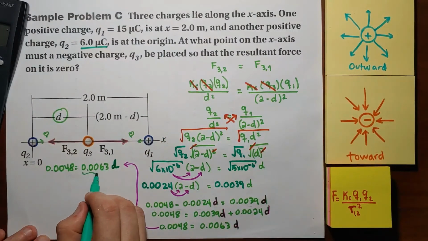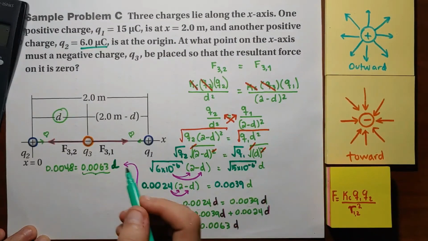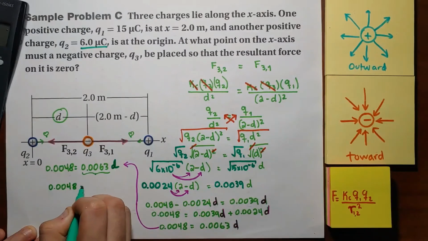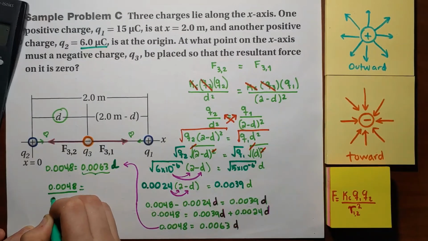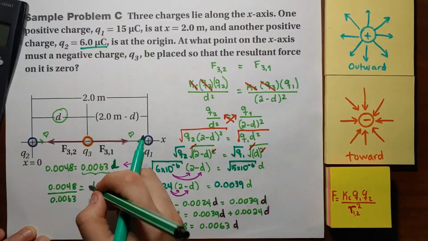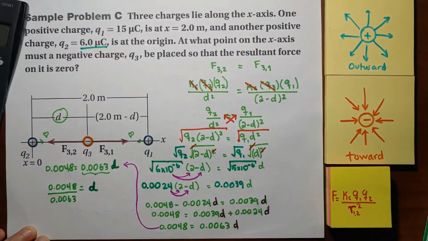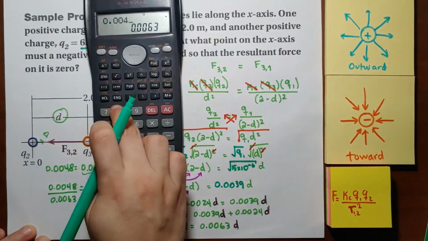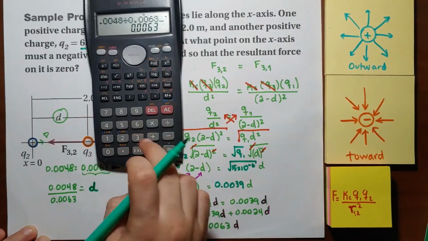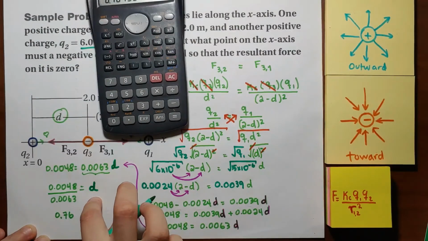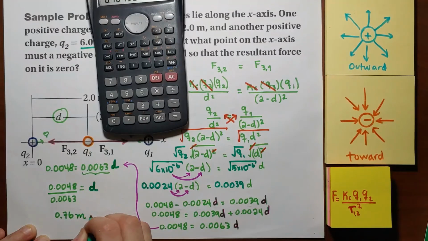This term is multiplying d, so it goes to the other side to divide. So you're going to have 0.0048 divided by 0.0063 equals d. You do this in your calculator now. 0.0048 divided by 0.0063 gives me 0.76. Because we're talking about distance, this will be meters.